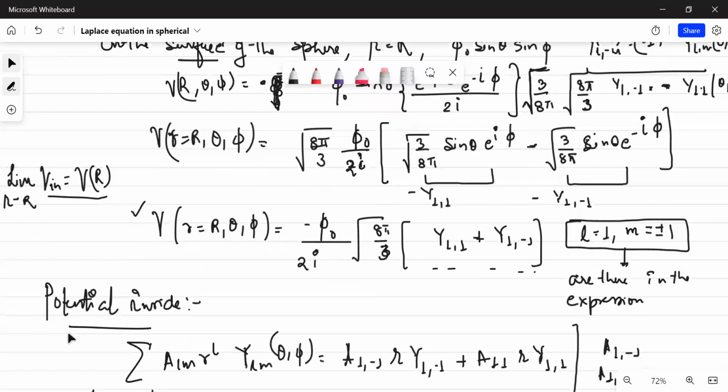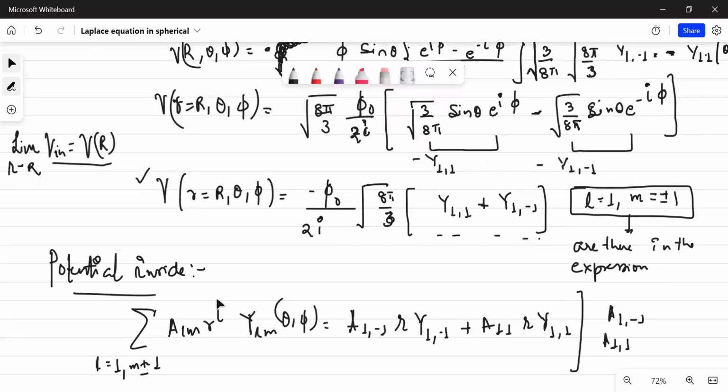So if I take the limit r tends to capital R, only two terms should survive, no? Because if you expand this, put r equal to capital R and compare both, only these two terms should come.